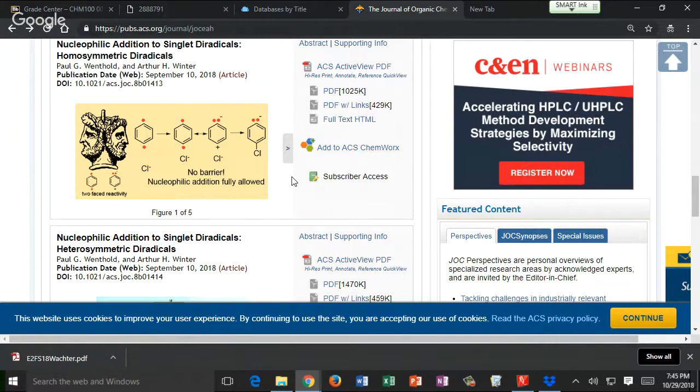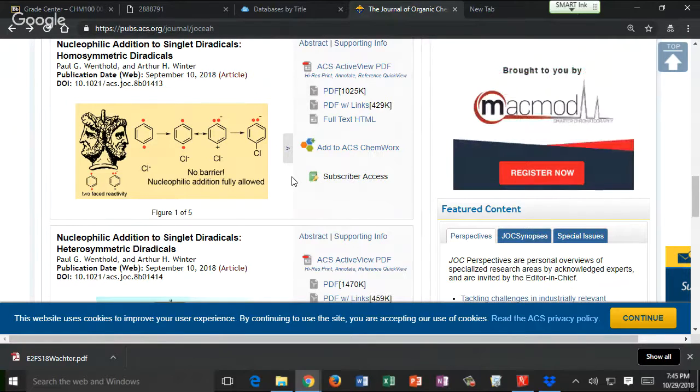This also helps you practice drawing molecules as well as picking out the functional groups.